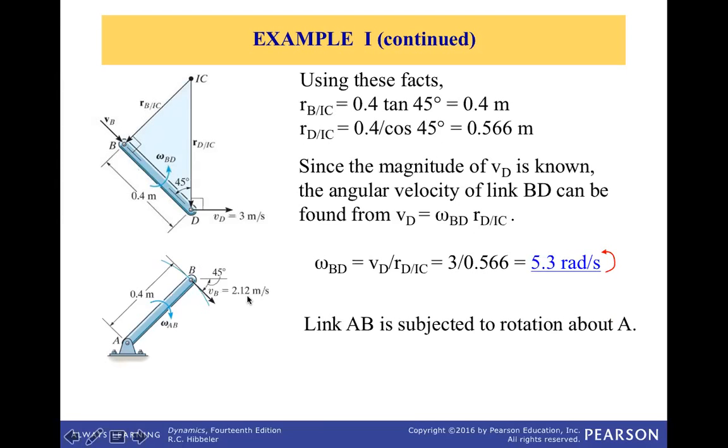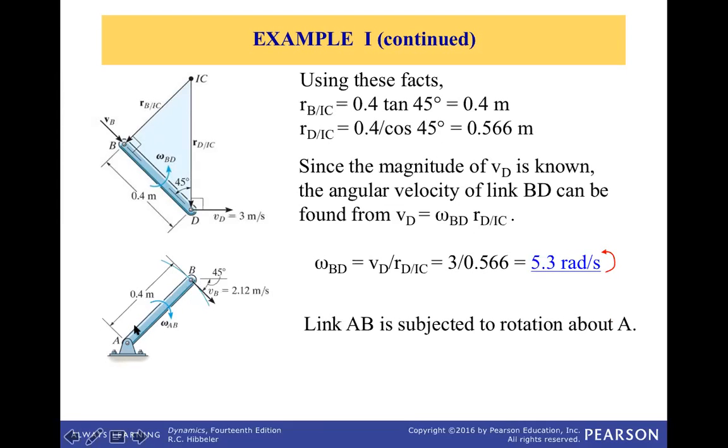So VB will be determined as 2.12. So basically you do 5.3 multiplied by 0.4. 0.4 is this length, RB to IC, multiplied by omega BD gives you that velocity. Okay, so then that velocity is the same velocity on point B here on the linkage AB.